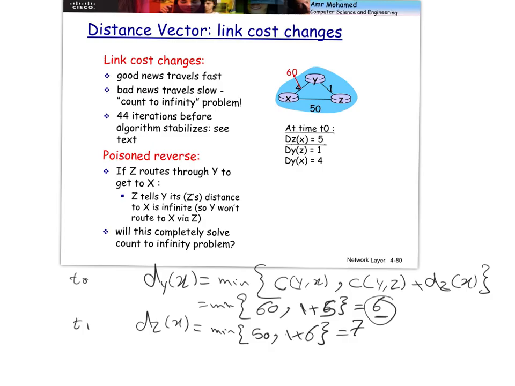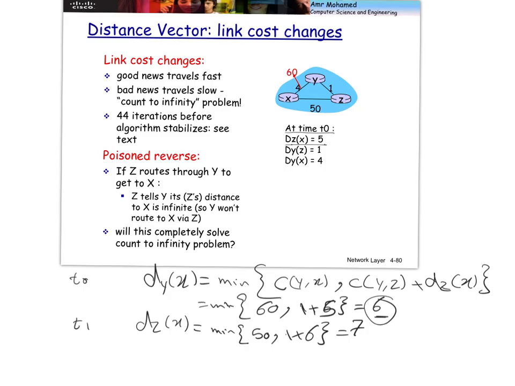Oh, okay, it's 7. So Z says, oh, the cost changes, let me now report it to Y. Do you see the ping pong effect? So this is a ping pong effect now.